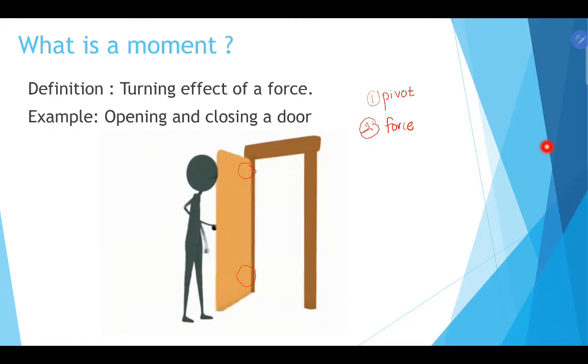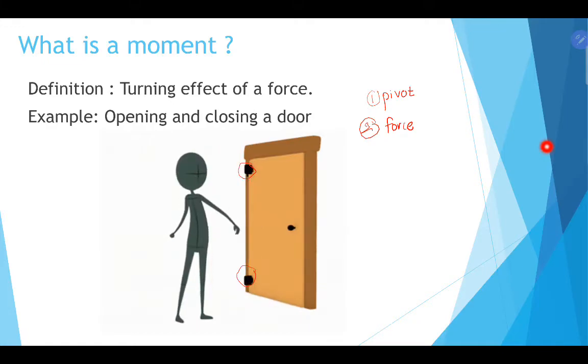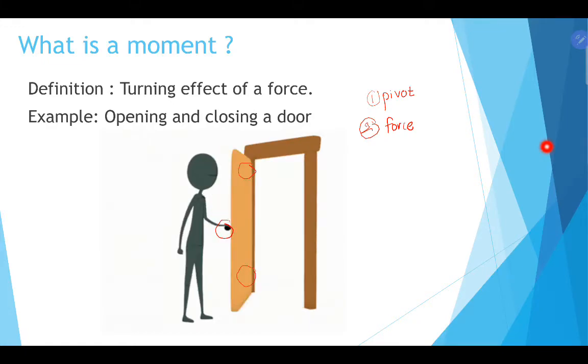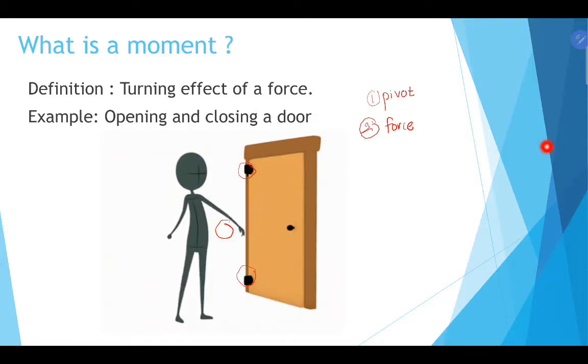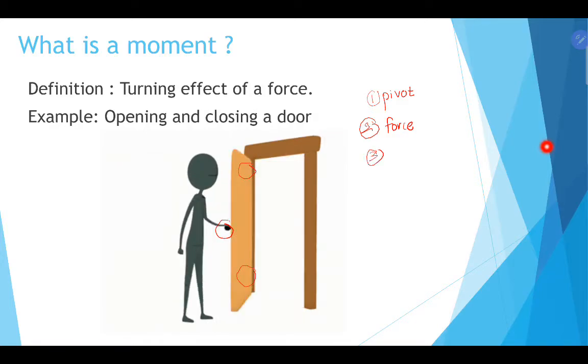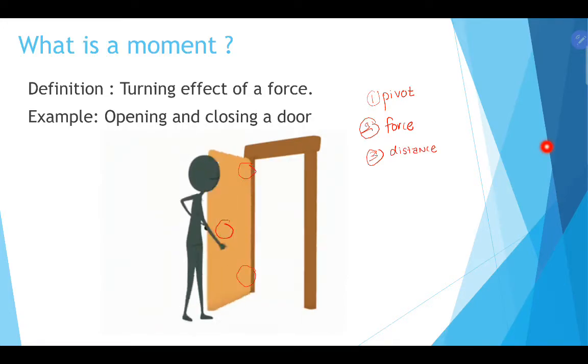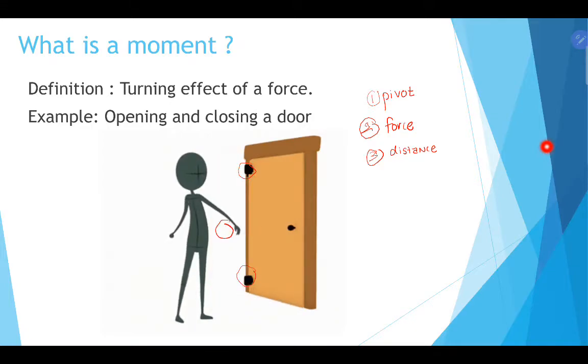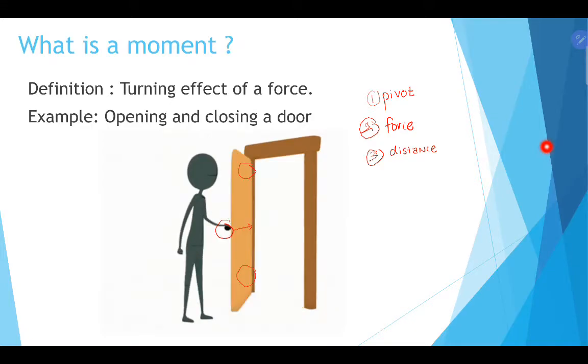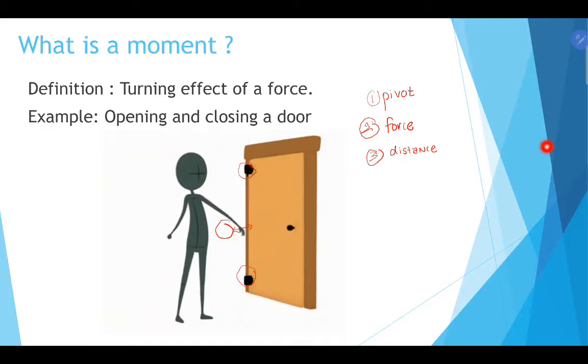The force in this case is the person closing the door. Let me just circle where the force is. There you go. And third is the distance. This is the distance between the pivot and the force, and it needs to be a perpendicular distance. In this case, that is your distance.